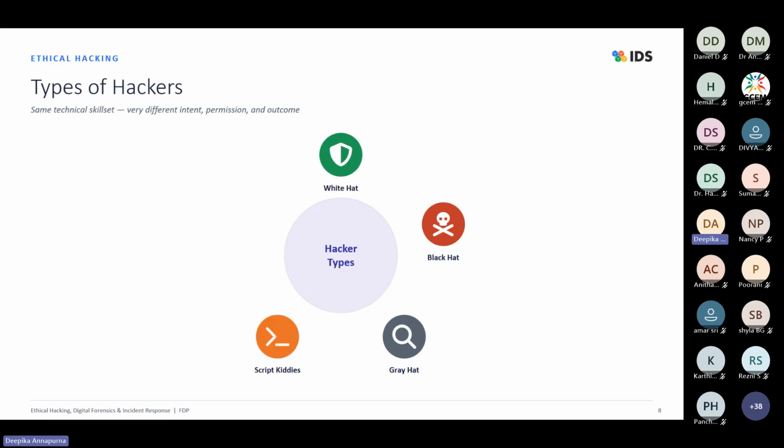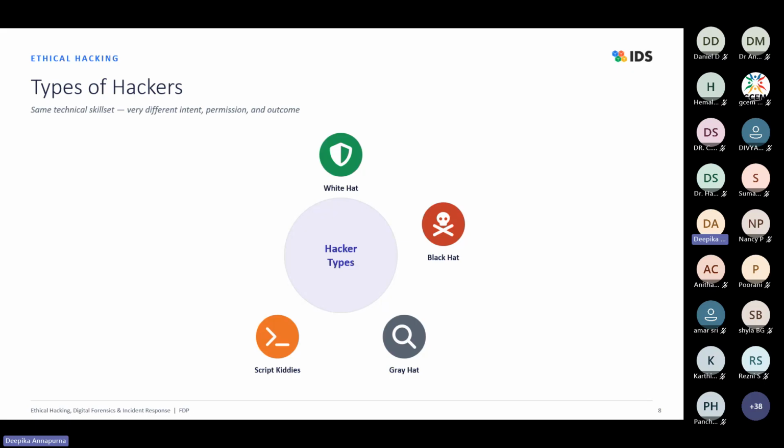Gray hat is nothing but it is between white hat and black hat. He will do it without authorization, but he will not exploit, gain, or do any bad to the organization. The next one is the script kiddies. These are inexperienced, like kiddies. They don't have any proper experience, but they will use publicly available hacking tools without fully understanding them.